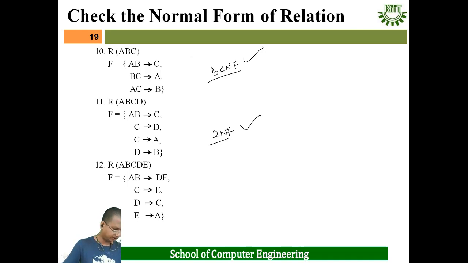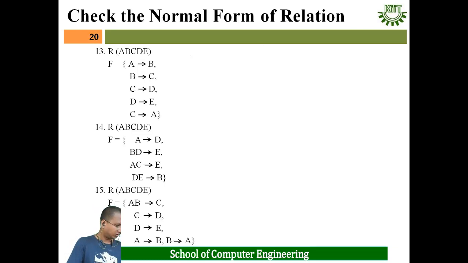QP to DE. The highest normal form will be, it is in 3NF. Okay, just check. 13, 14, 15. Now, in this case, the highest normal form will be your, okay.